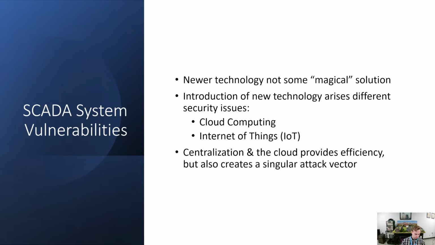So that creates centralization, and the cloud provides efficiency, but it also creates a more singular attack vector. And especially with IoT, we have a lot more devices and parts of the machine that could be connected directly to the internet, which provides a lot more attack vectors for some adversary to attack, and a lot more things that we have to keep in mind with security. So it might fix some of the old vulnerabilities, but it creates a lot of its own new problems that might not be as well understood or studied yet.